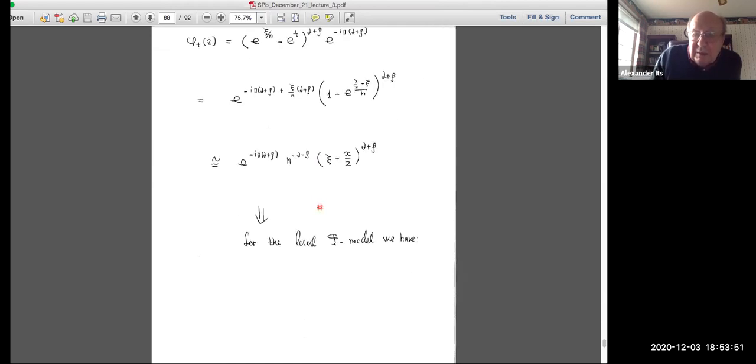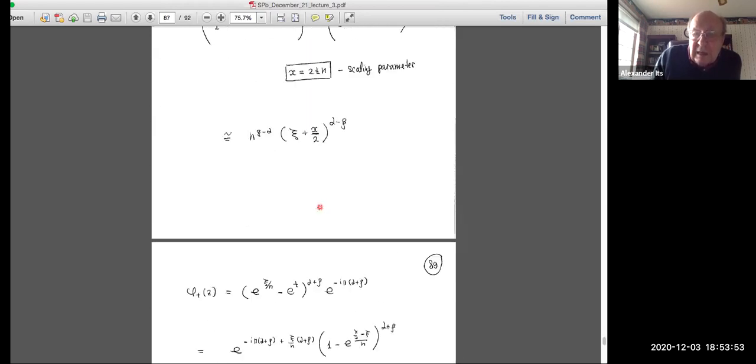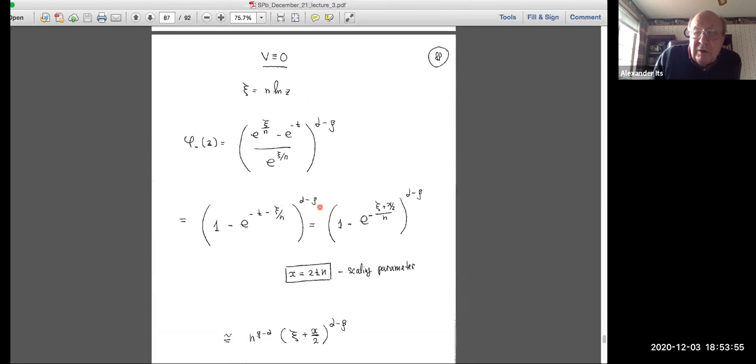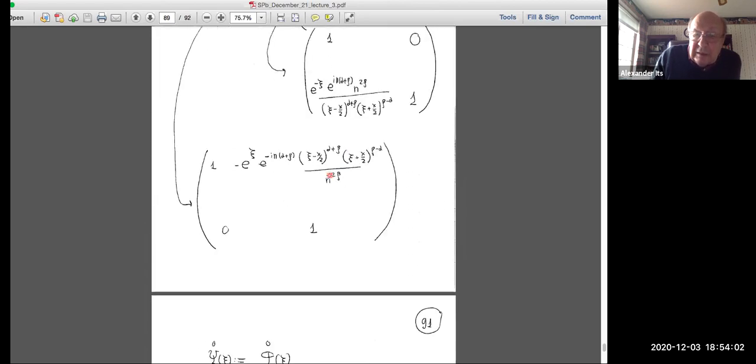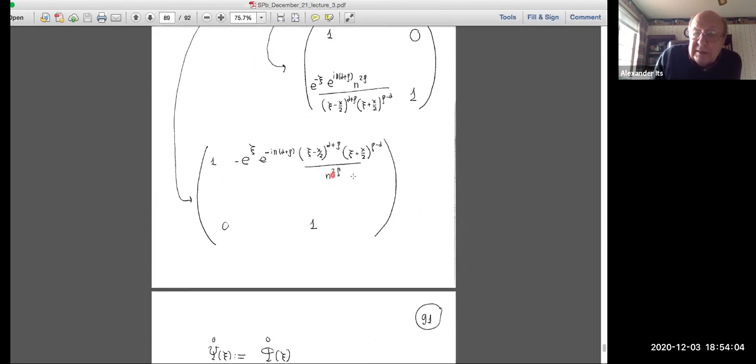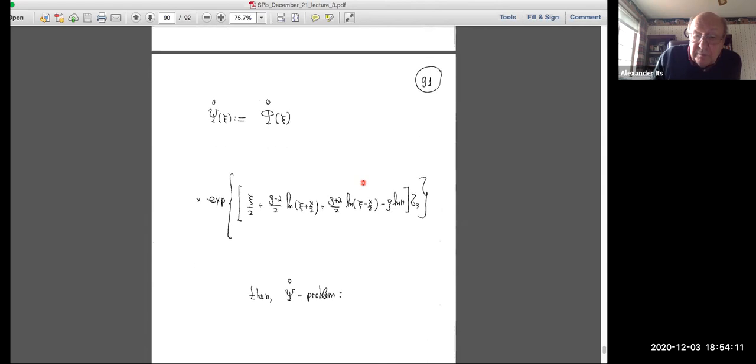Yes, but again the summary is that now I translate the behavior of phi minus phi plus into this power function behavior near x over 2 and minus x over 2.